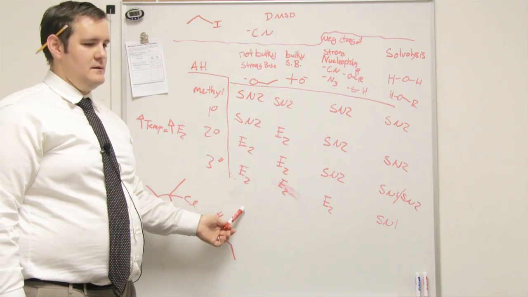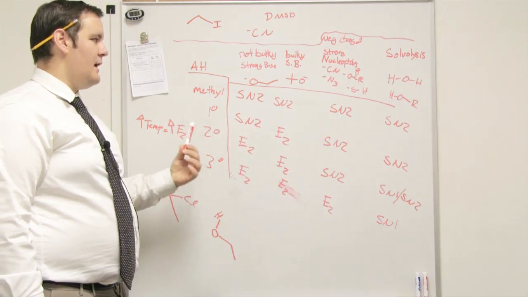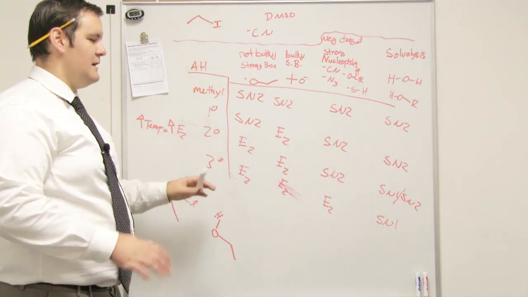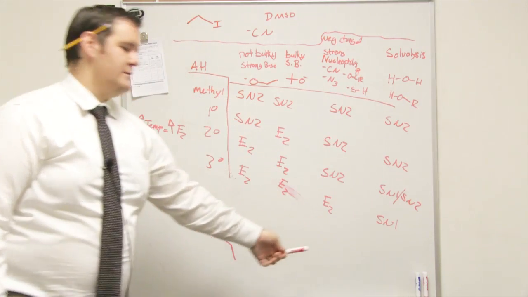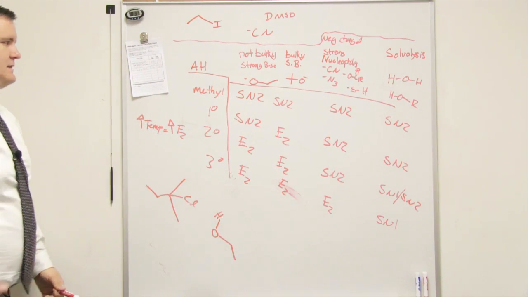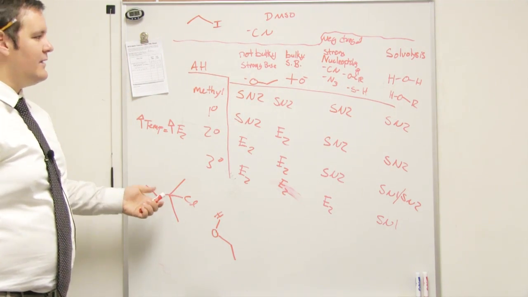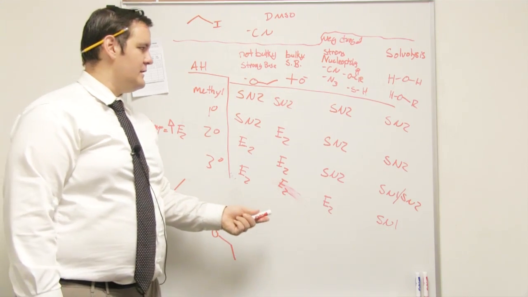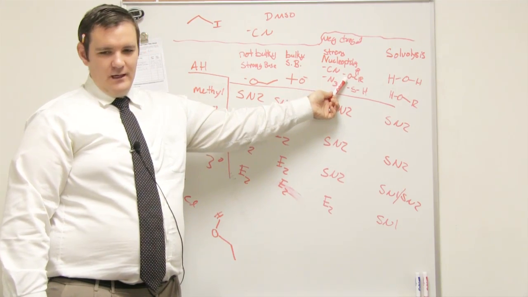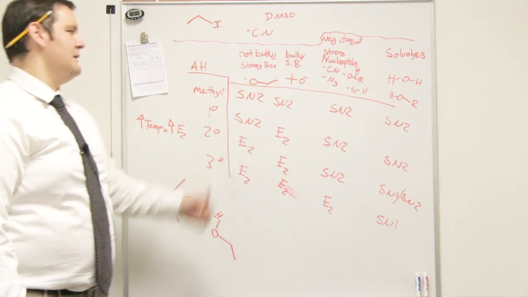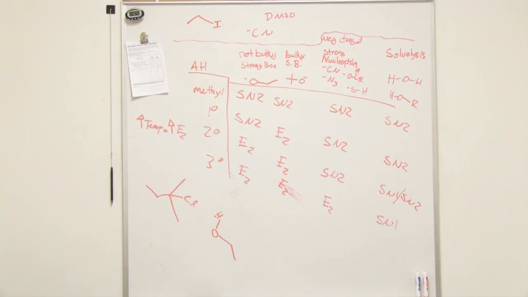If I see an oxygen that doesn't have a negative charge and there's nothing else in it, so I just see an alcohol or water, I'm thinking solvolysis. So I'm thinking SN1 more likely. If I see anything else with a negative charge, like a nitrogen or a carbon or a sulfur, and even a carboxylate, then I'm thinking a strong nucleophile.